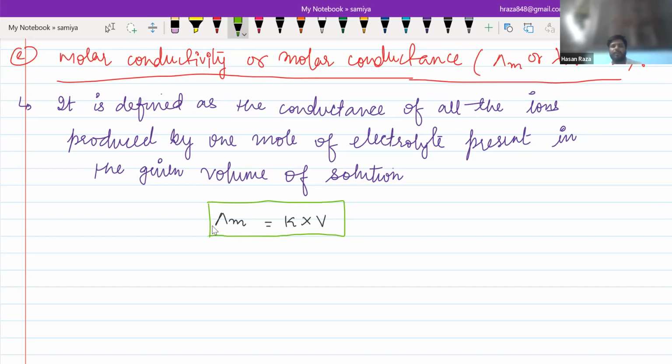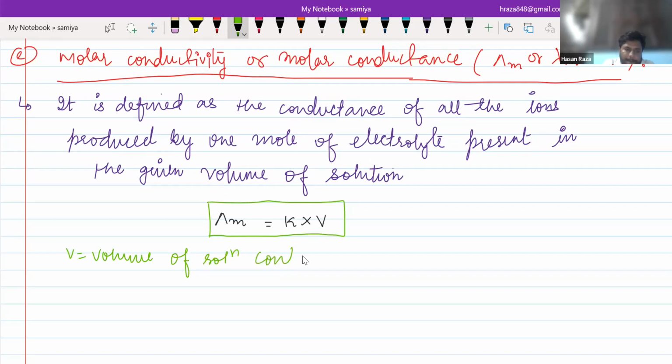Why? If you increase the volume, the distance between ions will be larger and there will be lesser force of attraction, so they can move faster than earlier.